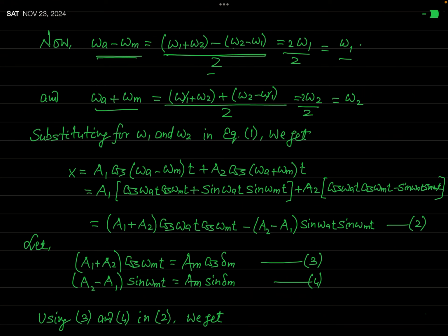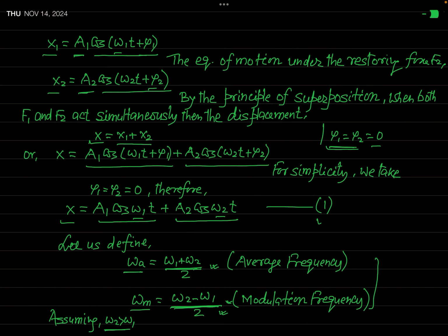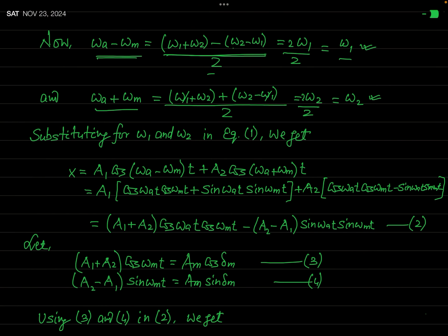Now let us substitute the values of ω1 and ω2 which we have obtained in terms of ωa and ωm in our equation number 1. Let us put it instead of ω1 and ω2.